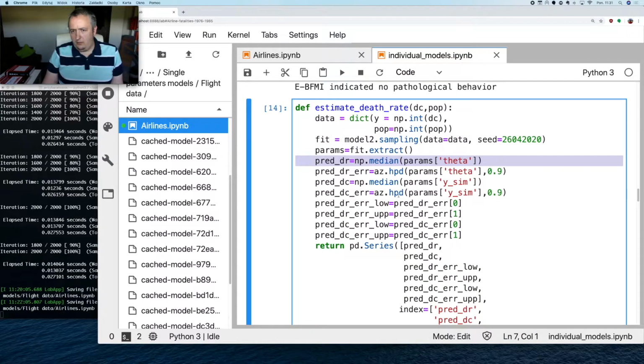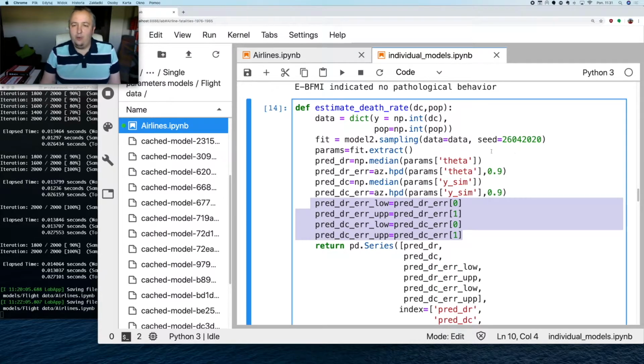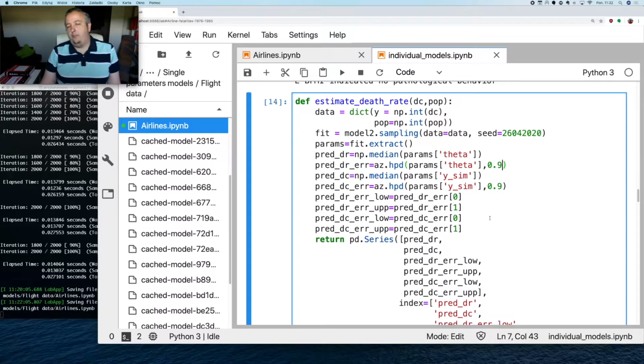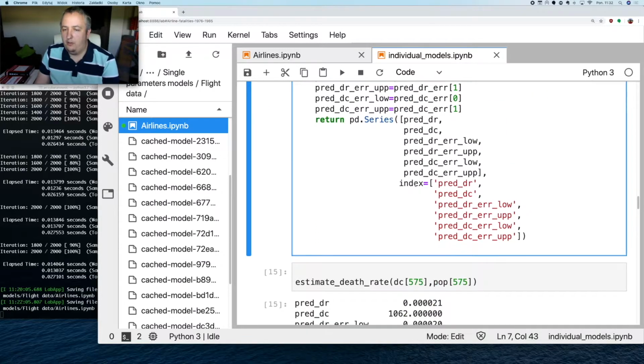This is the computation happening here: we sample, get the parameters, compute the median of theta, the median of simulated deaths, and create the 90% highest posterior density interval.